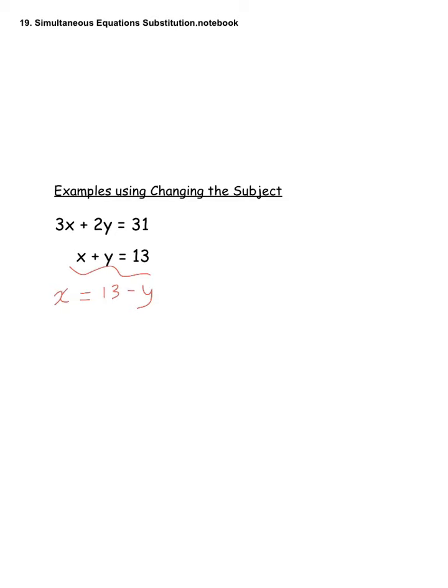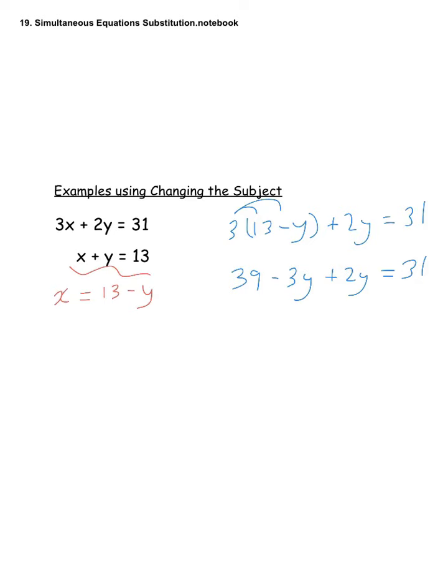So we're going to change all the x's into 13 take away y's. Same as before, we're going to multiply out our brackets. So we get 39 take away 3y plus 2y is equal to 31.